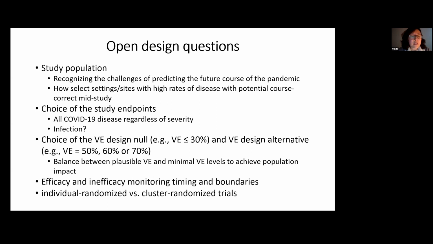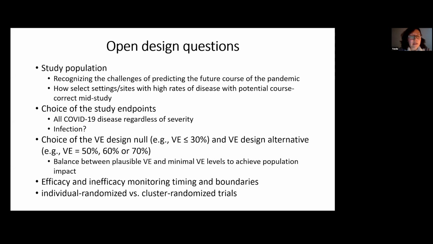But there's definitely a balance we need to consider in the design of such a trial between possible vaccine efficacy and a minimum vaccine efficacy level that can achieve population-level impact, which Laura and Beth also mentioned.